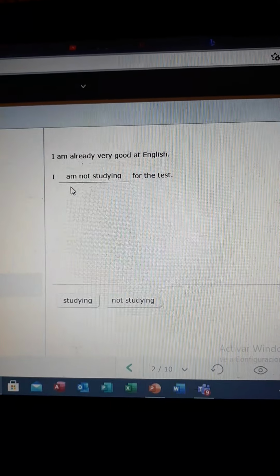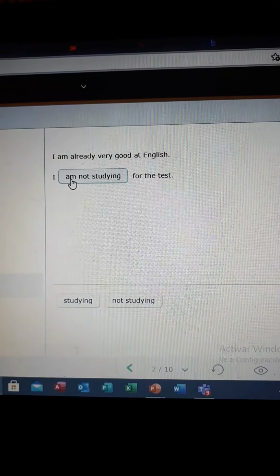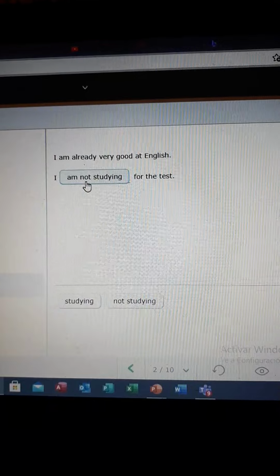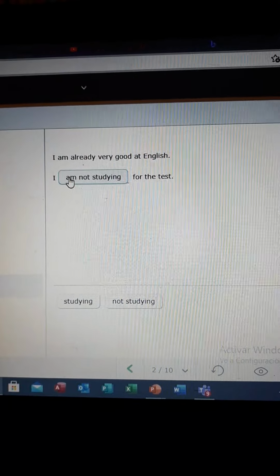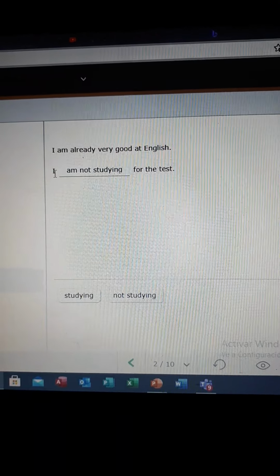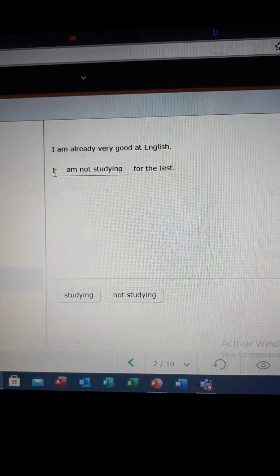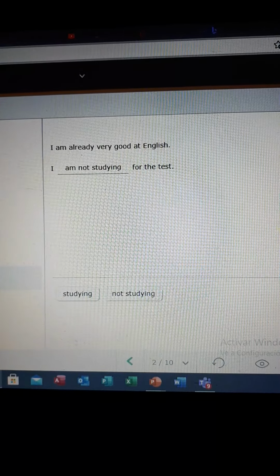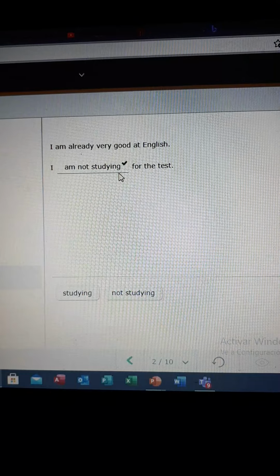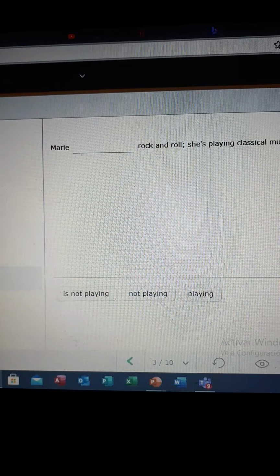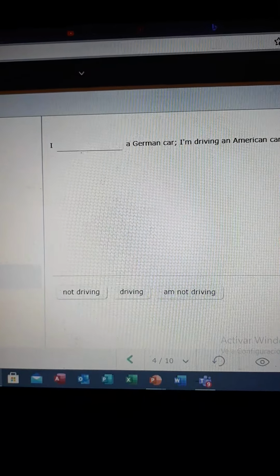So it's important that we select the correct auxiliary. Independientemente si es negativo o positivo, tenemos que usar el auxiliar correcto para el pronombre o nombre que viene aquí. Okay, and we can check if this is correct. Correct.